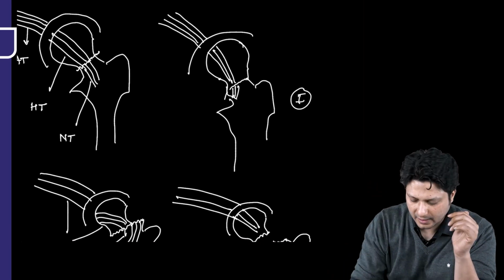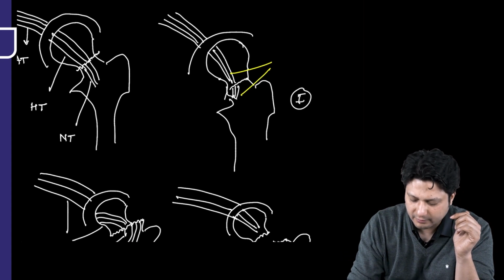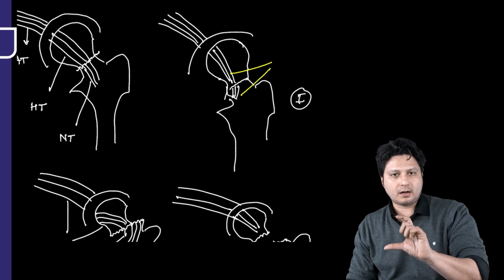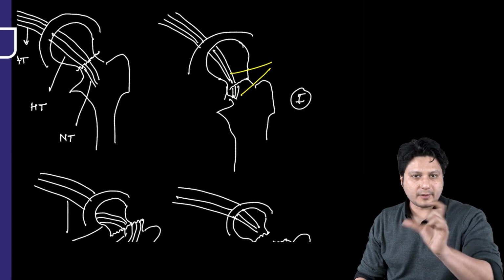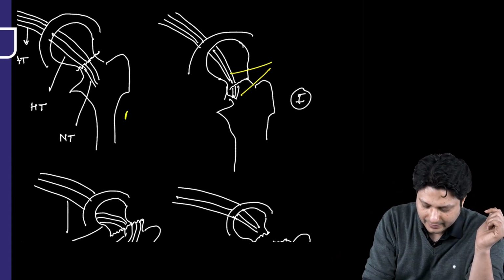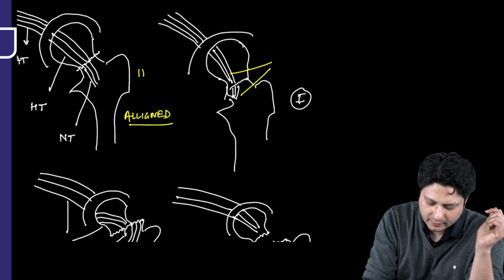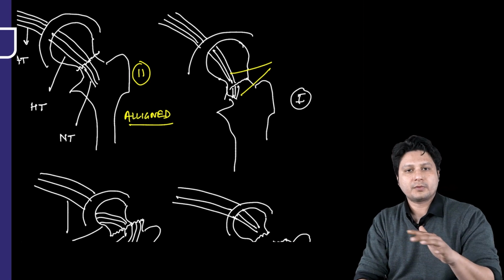Because of some valgus impaction, there is likely to be some disturbance between the neck and the head of the femur in the alignment of the trabeculae. But all the three trabeculae will be completely aligned in type 2, because in type 2 there is a complete fracture but there is no displacement.